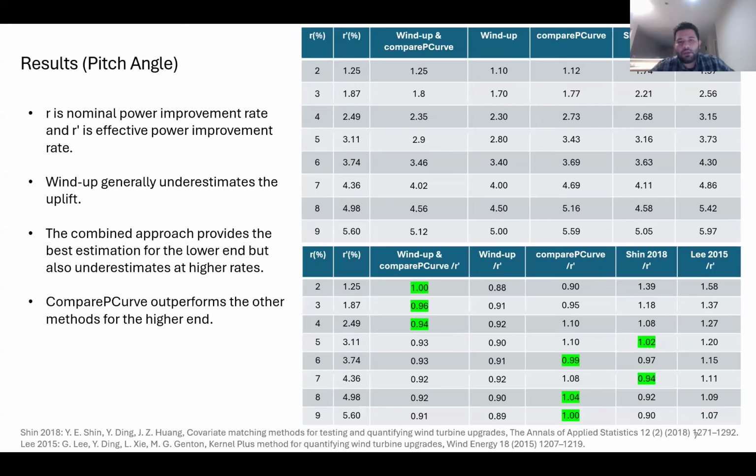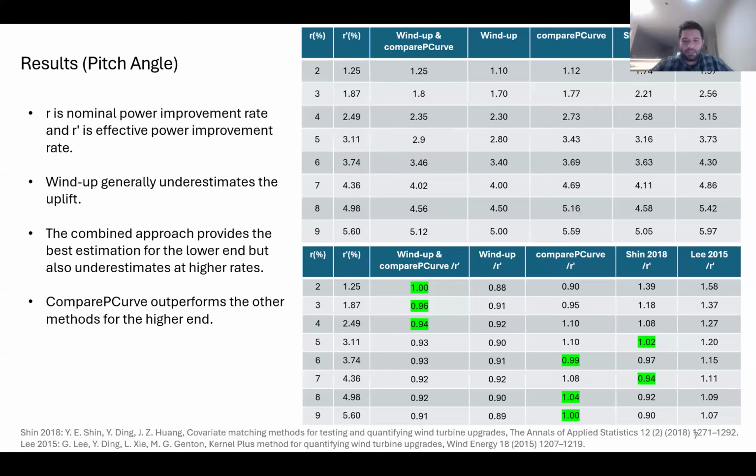We created different data for different nominal power improvement rates, and then also calculated the effective power rate, which is the difference in power over the whole region of the post-upgrade data. The above table shows the estimates for each method, and we claim a method is good when its estimate is closer to the effective power rate, R prime.